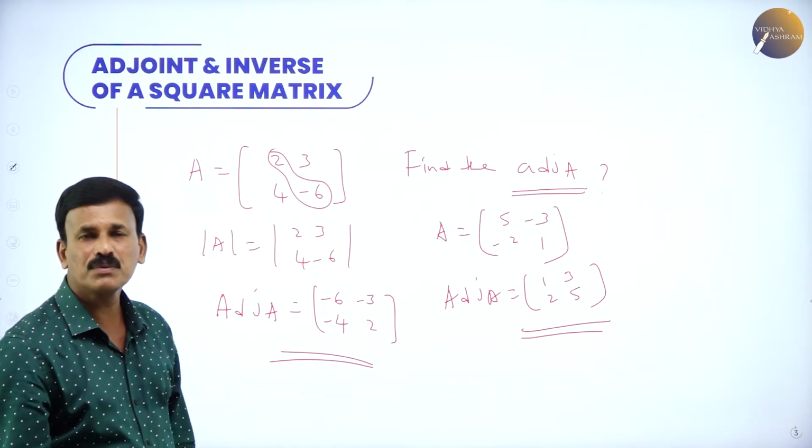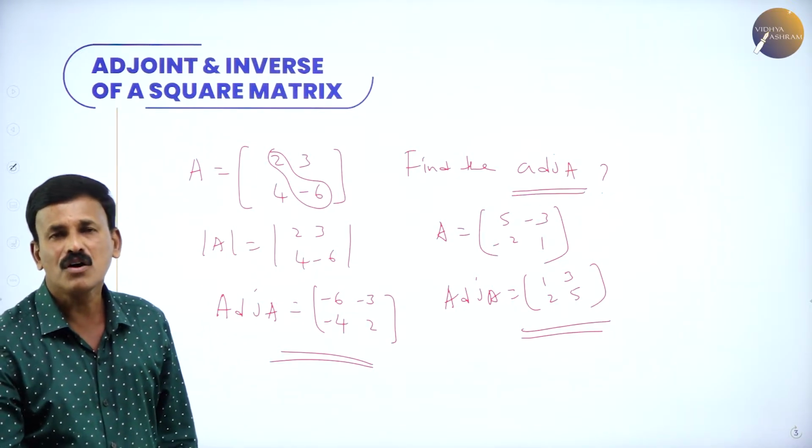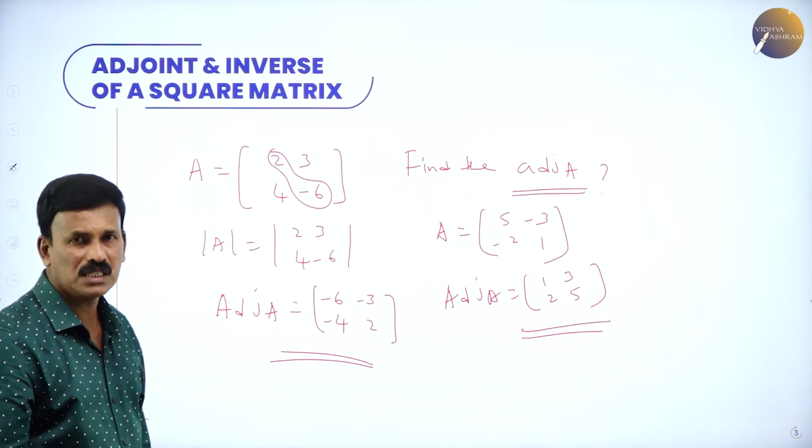Now let us come to some properties, and then we will discuss how to find the adjoint of a 3 rows and 3 columns matrix.